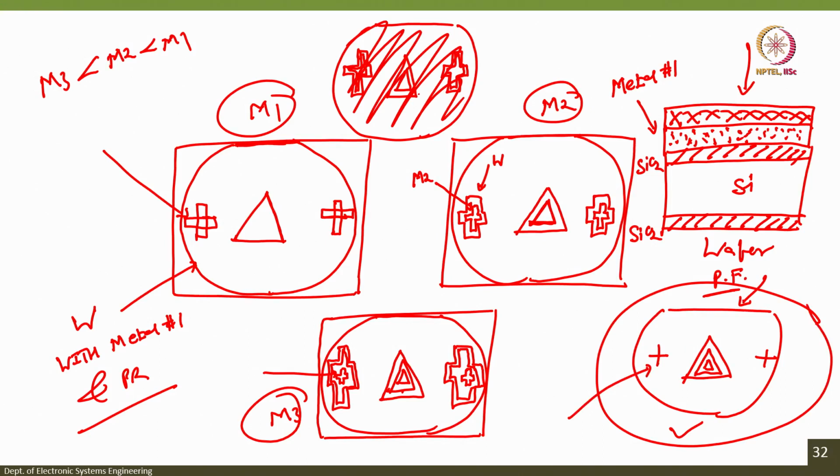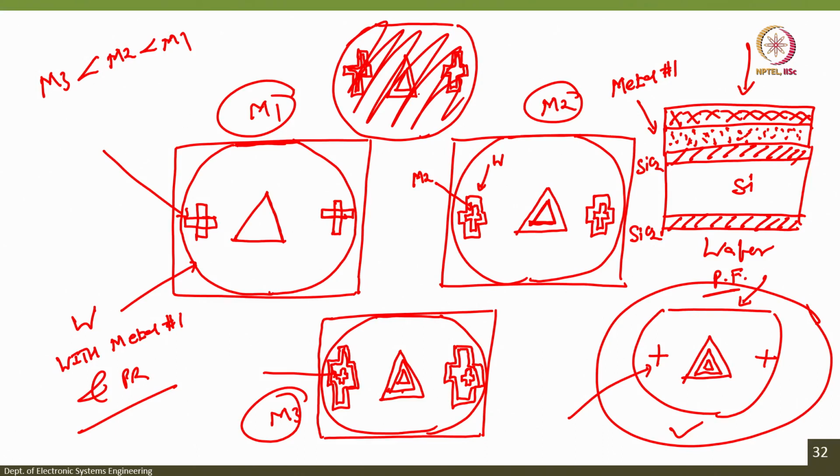Now, everything is on a very large scale. Actually, the dimensions are way smaller than what you can see on this particular screen, particularly as far as the alignment mark is concerned. So, this is how the alignment is done, and that is why the wafer has to be aligned with respect to the mask. Okay. Mask is stationary and we can move the wafer. Once you align the wafer, then you make a hard contact.